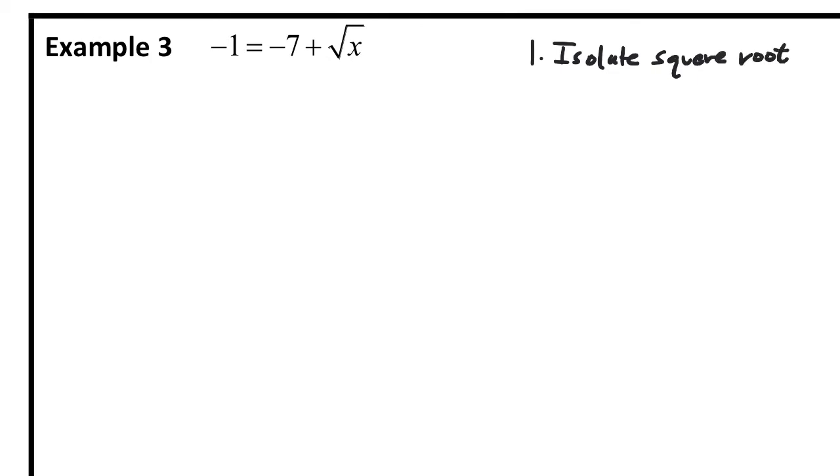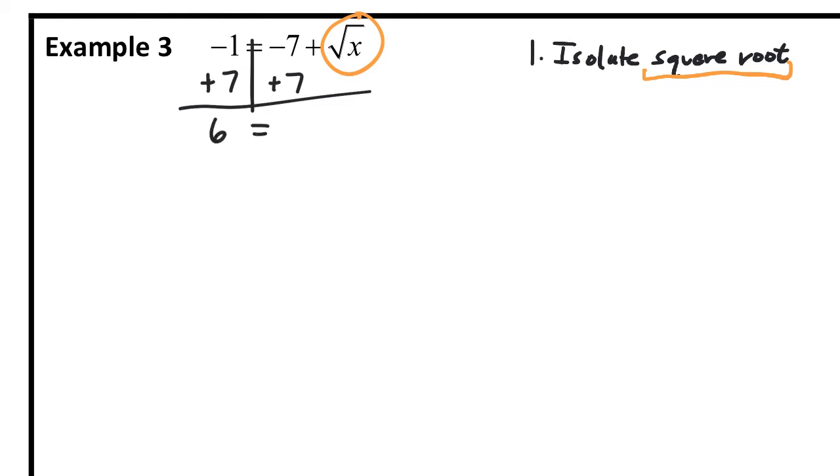Isolate the square root. So the square root term is right here. I want to get it by itself, right? That's what isolate means, to get that term by itself. So I need to get rid of the negative 7. So I'm going to add 7 on both sides. Negative 1 plus 7 is 6, equals the square root of x. And then these cancel. And then I'm just going to rewrite it as the square root of x equals 6.